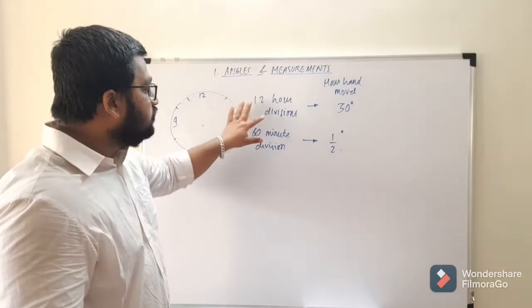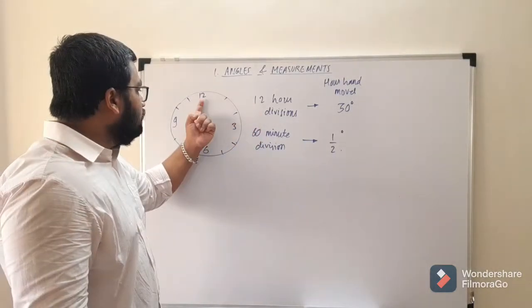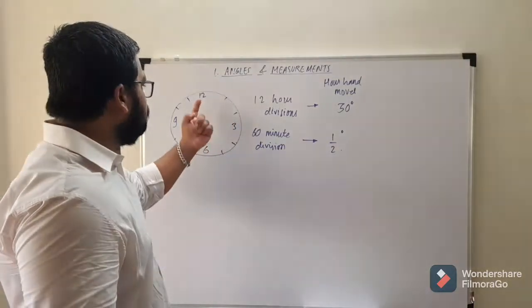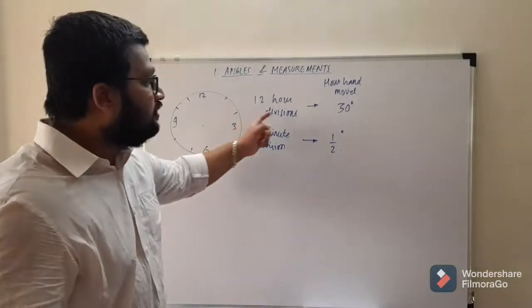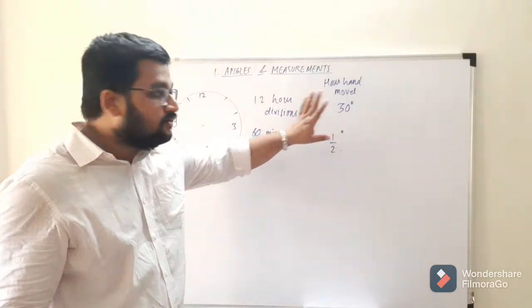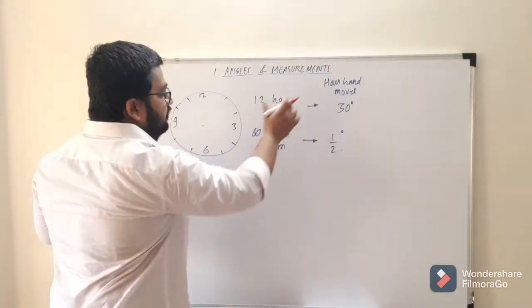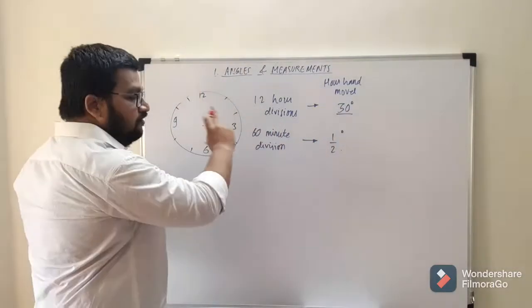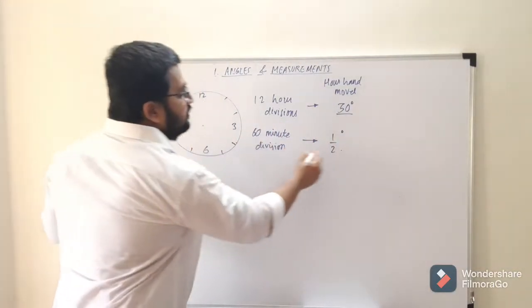In each of the 12 hour divisions, suppose the hour hand moves from 12 to 1, the hour hand travels 30 degrees. So the hour hand in 1 hour division will travel 30 degrees, and the same hour hand in 1 minute will travel half a degree.